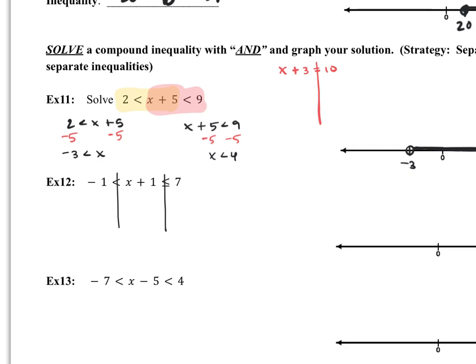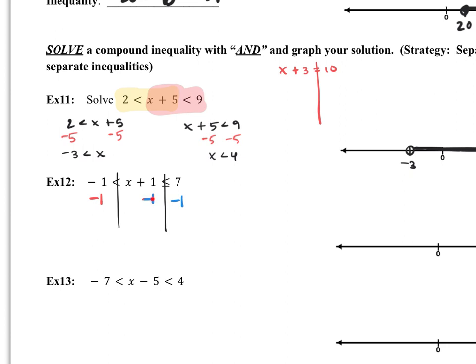So for example, if I was going to get x by itself by minusing 1, well, if I minus 1 on the right side of this line, I would need to minus it over here. But then I also minused 1 on the left side of this line, so I need to minus it over here. So you can see I drew the minus 1 twice because I'm really doing it twice, because up here I was solving two separate inequalities.